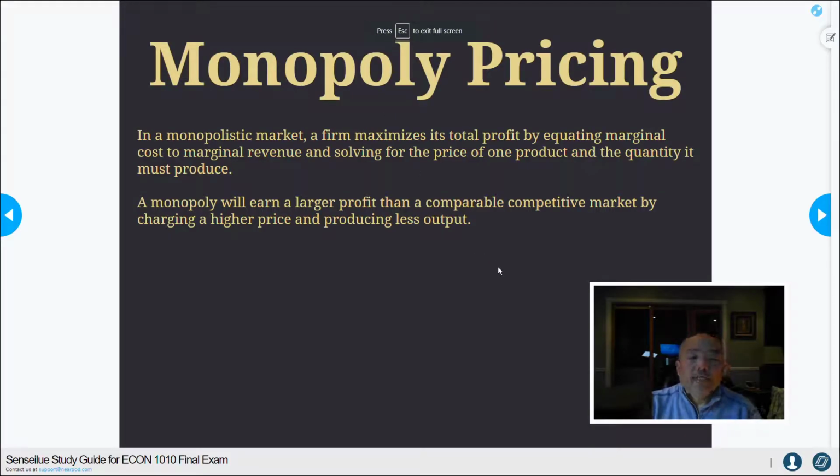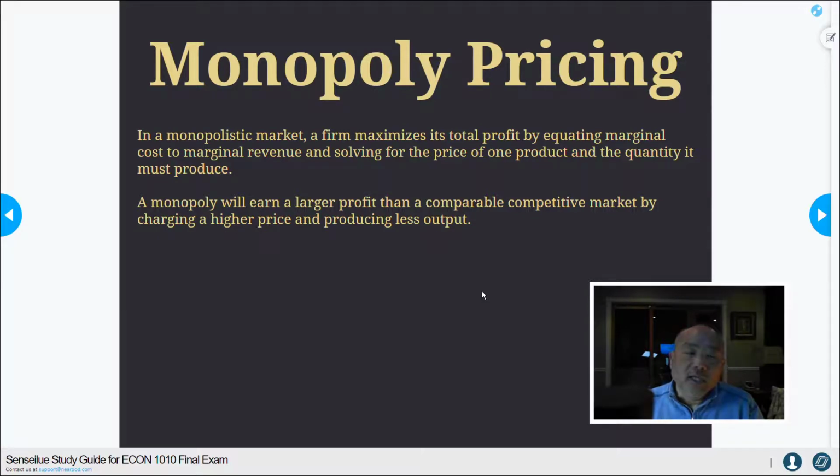What is a monopoly? Well, let's talk more about monopoly pricing. In a monopoly market, a firm will maximize its total profit by equating marginal cost to marginal revenue and solving for the price of one product and the quantity it must produce.